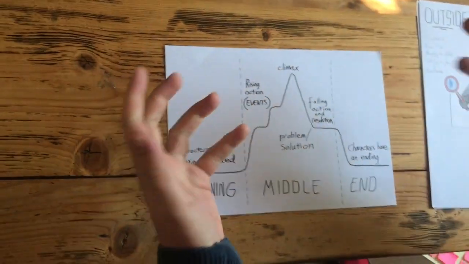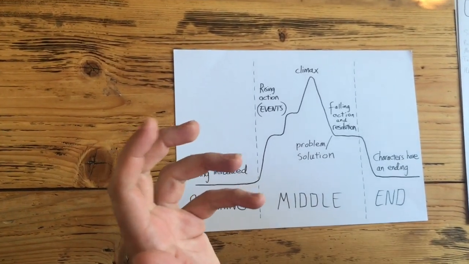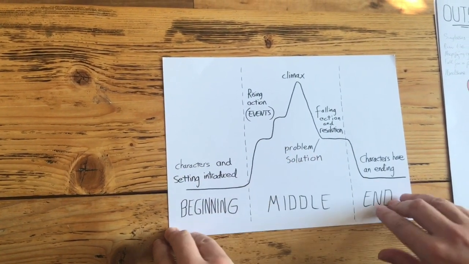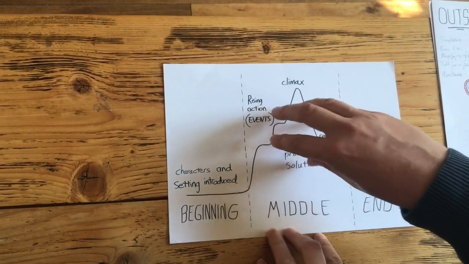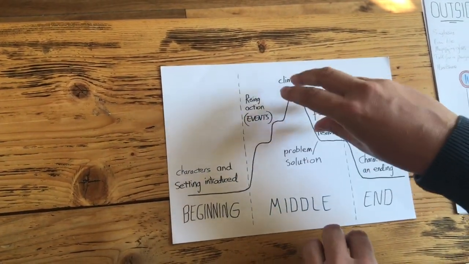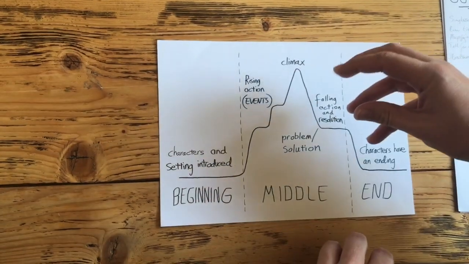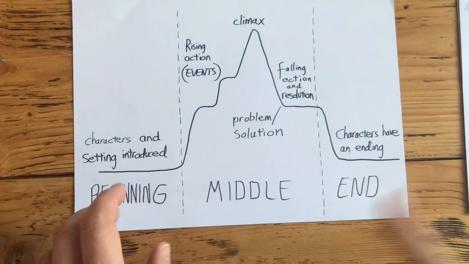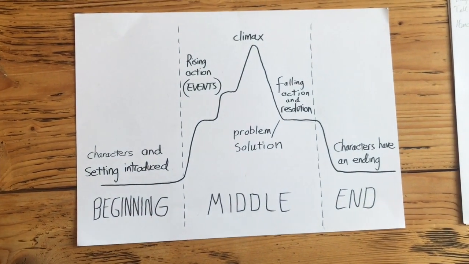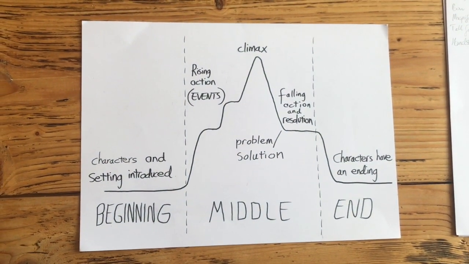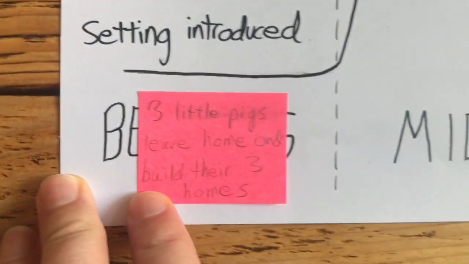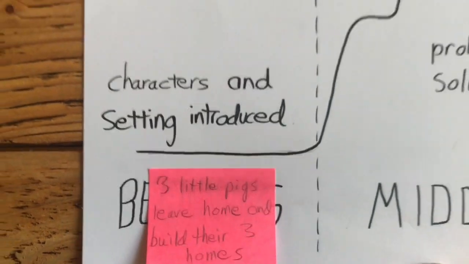So I'm going to choose a story that you know called Three Little Pigs. We have a beginning, middle, and end, but there's no rising tension, no rising action, no climax or resolution. At the beginning, the three little pigs leave home and build their three homes.